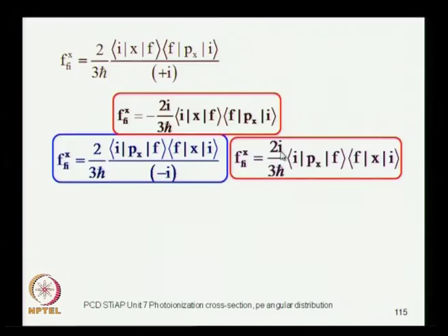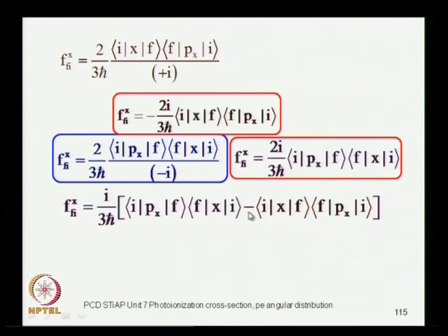If I add half of each of these pieces, I should get the oscillator strength. Now when you take half, the 2/3 will become 1/3 in both. So you get this 1/3, and this is the sum of these two terms.